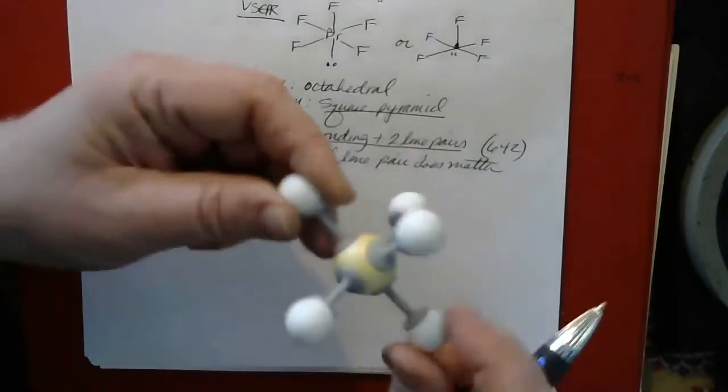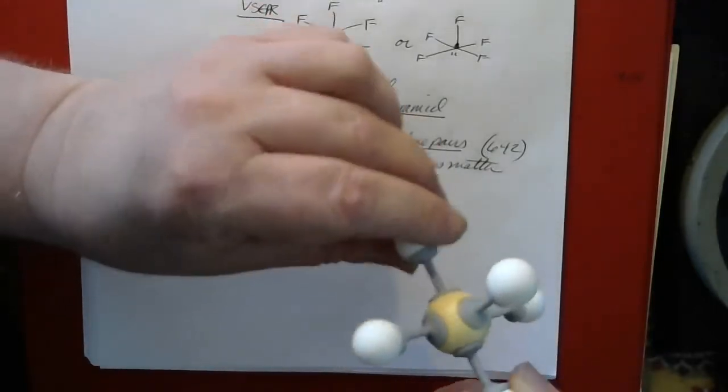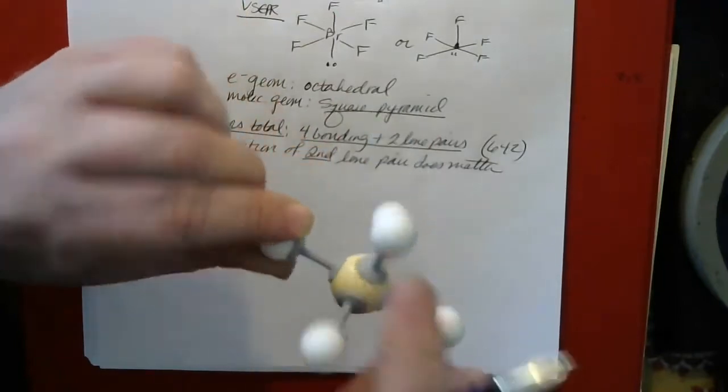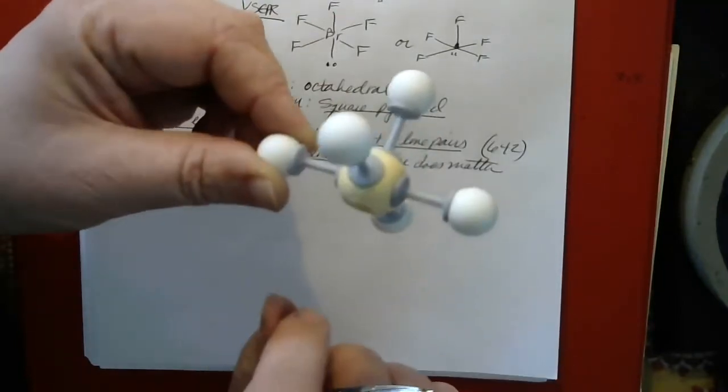Because of the extra repulsion that lone pairs have, the second lone pair is going to want to be directly across, 180 degrees away from the first one.